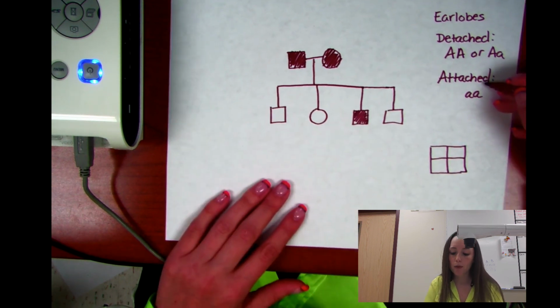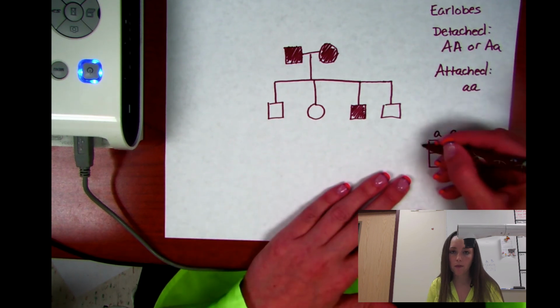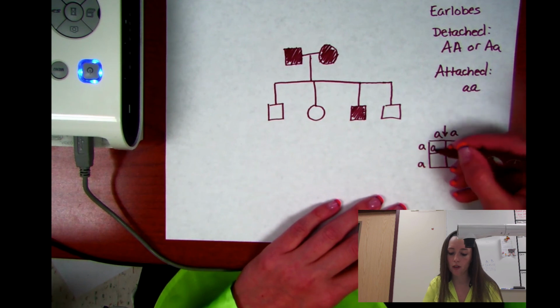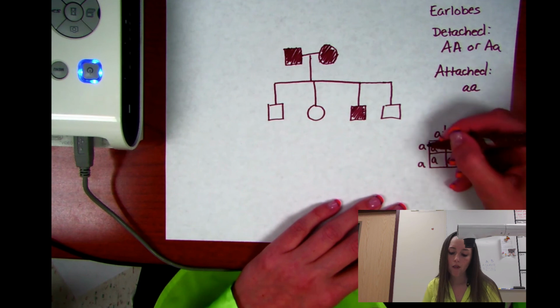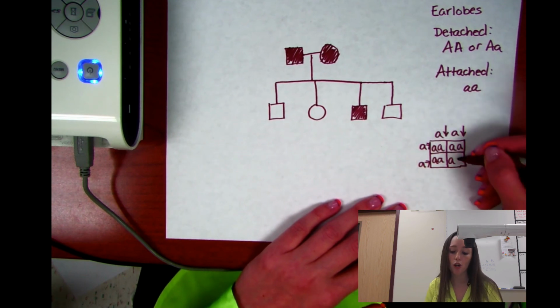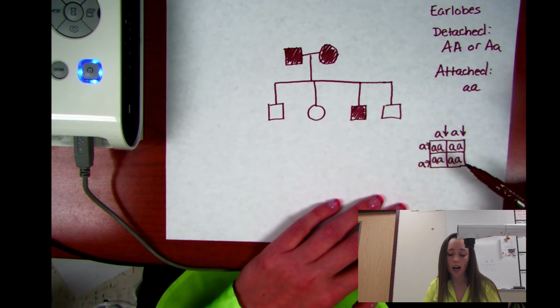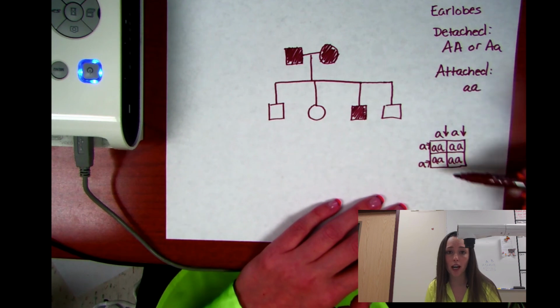So if I were to do the Punnett Square, hopefully you guys are good with Punnett Squares by now. I know Punnett Squares are a little difficult, especially learning in hybrid learning. Okay, so if I were to do a Punnett Square between 2 people with the recessive trait, attached earlobes, notice how they can only have kids with attached earlobes. All right, so they can't have a kid with the dominant trait.